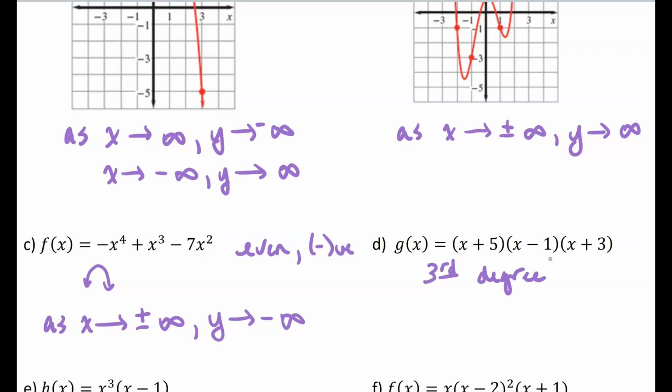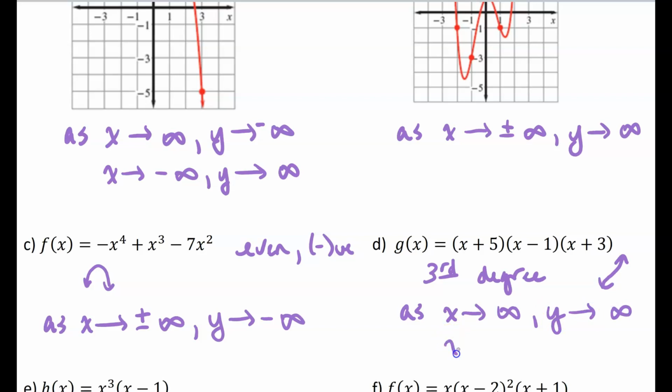Which means the tails go in opposite directions. What is the lead coefficient, positive or negative? It is positive, which means we should be going this way. So, as x goes to positive infinity, where is y going? Positive infinity.